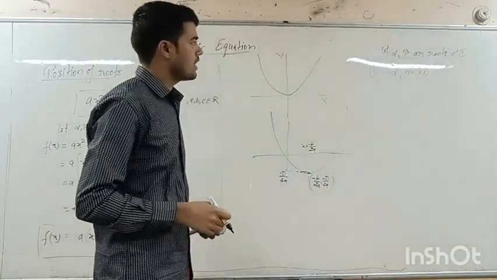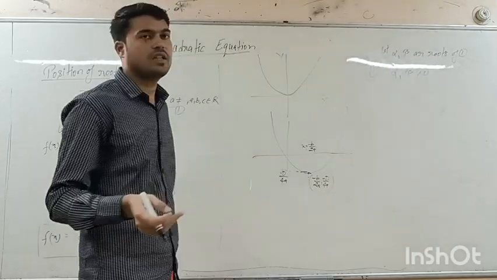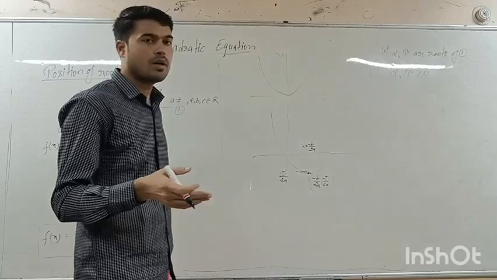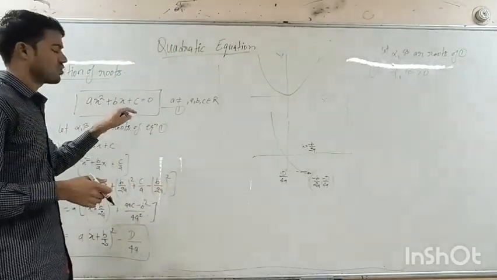In many questions they give that alpha and beta are greater than 0, or greater than any real number, and they ask about the condition on a, b or c.